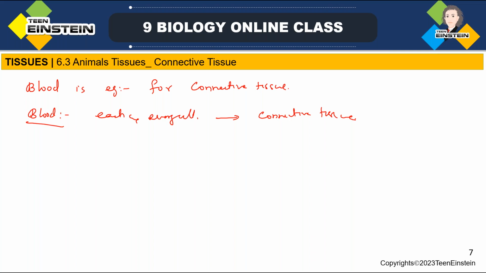Now let's learn in detail about connective tissue. Actually, blood is an example of connective tissue. In a connective tissue, the cells are loosely packed, with a little more space between them, and they are embedded in a matrix, the intercellular matrix.